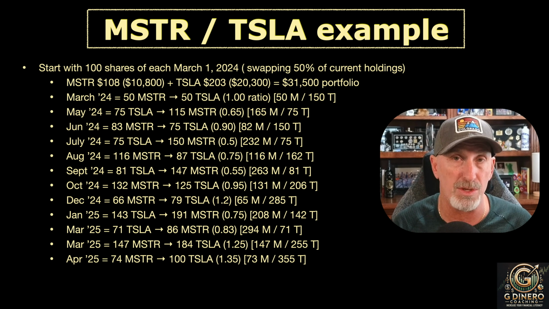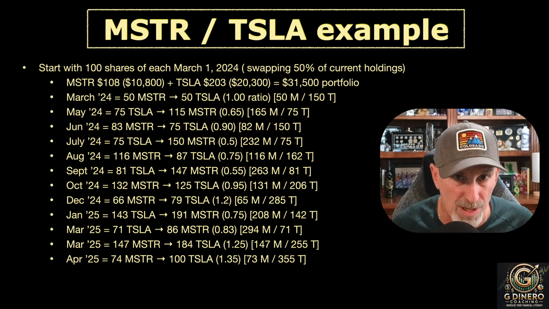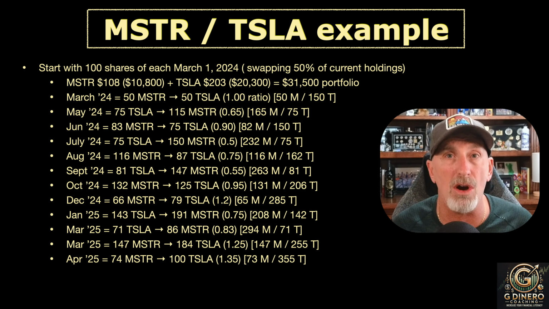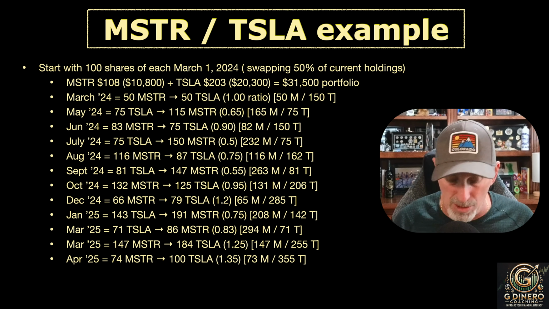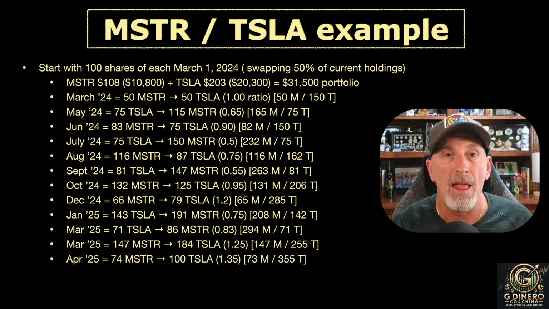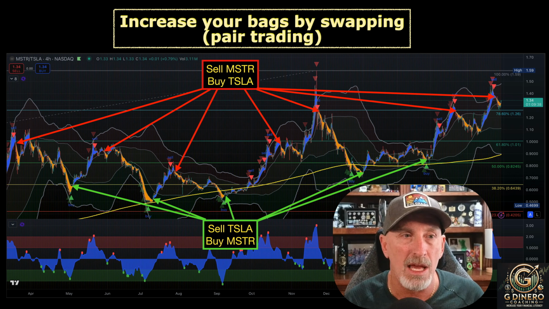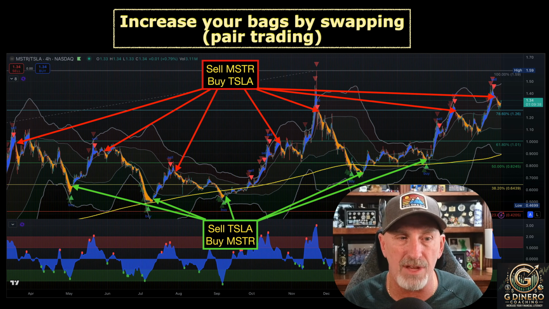All three examples, okay? I know your eyes are already reading ahead. Stay with me, guys, on this. $31,500 will be the start for all three portfolios. On March 21st, again in March of 2024, there was a sell MicroStrategy for Tesla signal. So that's the first red arrow all the way to the left-hand side on this video.